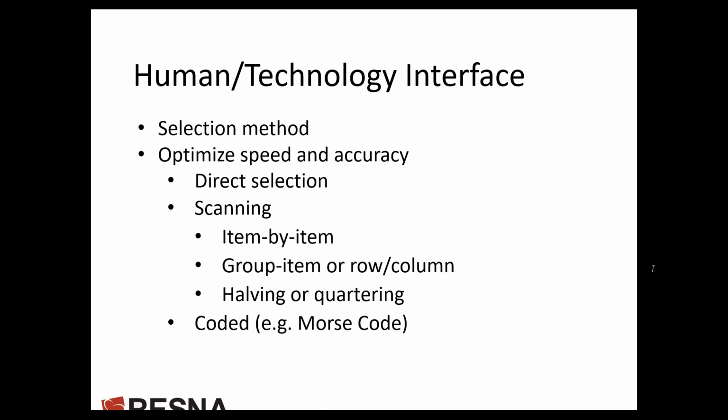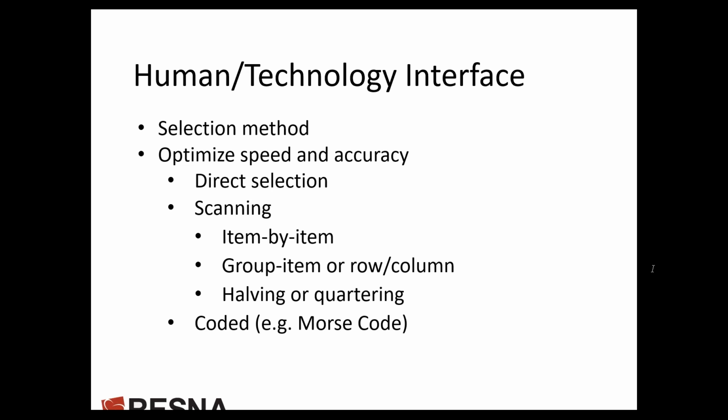Okay, next in that human technology interface is that selection method. So for AAC, a great deal of attention is paid to this selection method that we're using. Speed enhances a person's ability to communicate and the use of a slower selection method interferes with that goal. So remember when we looked at scanning, it's about 5 words per minute.